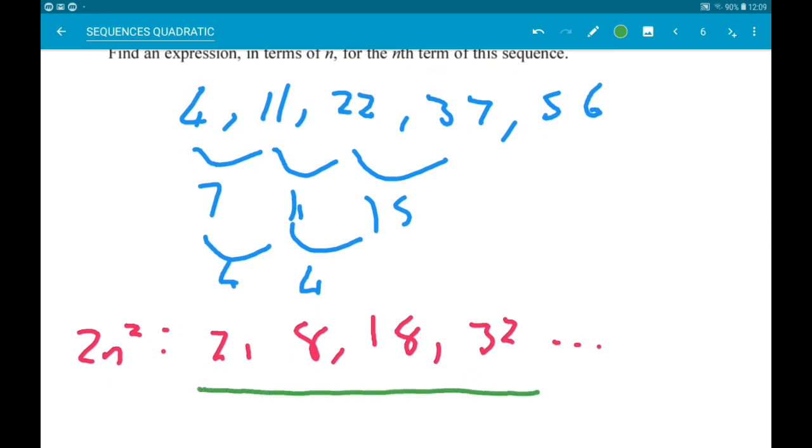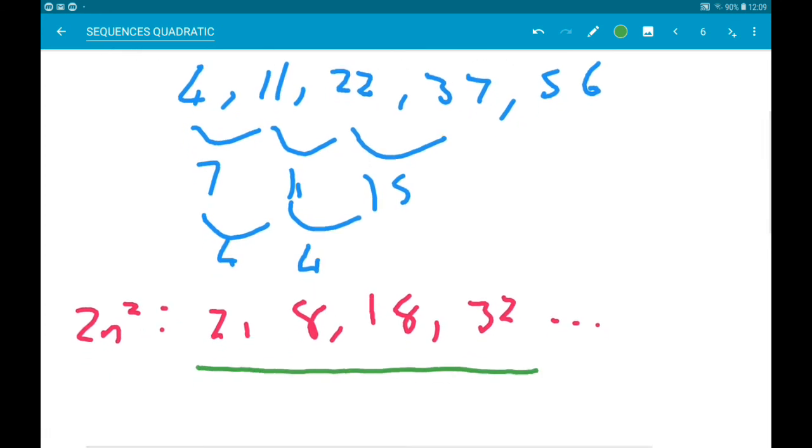So 4 take 2 is 2. 11 take 8 is 3. 22 take 18 is 4. 37 take 32 is 5.